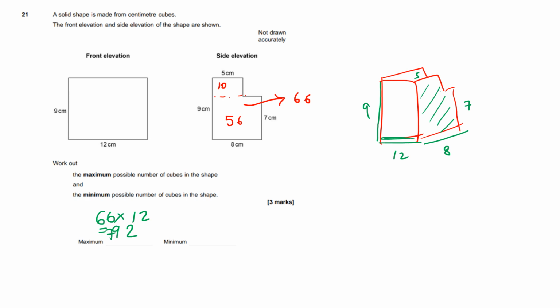So if I think about it this way, and if I just try to divide this into this little section, I can do 7 times 8, which is 56, and 56 multiplied with 12 is going to give you 672. That is what you could fit in here, the minimum possible number of cubes that we can have.